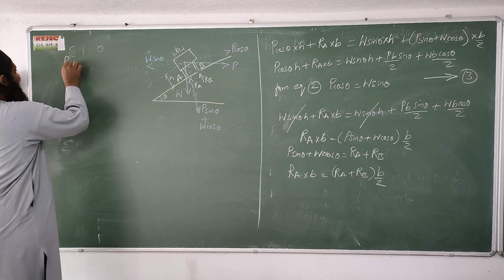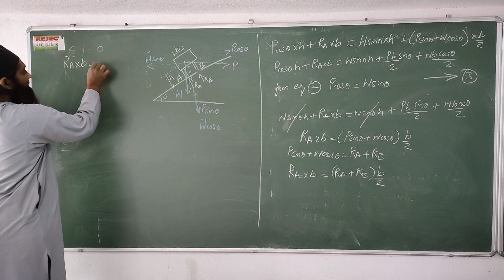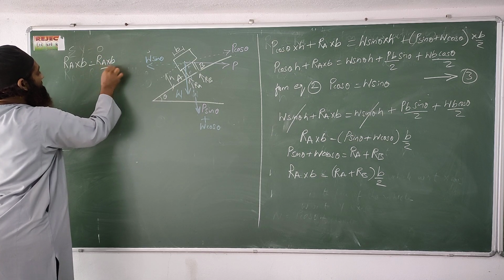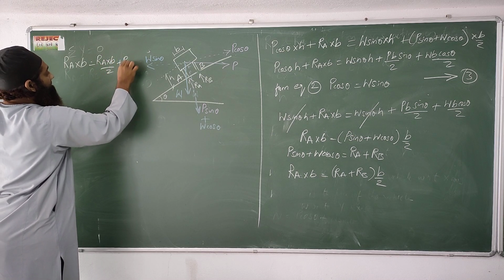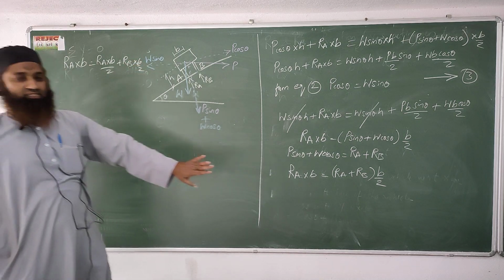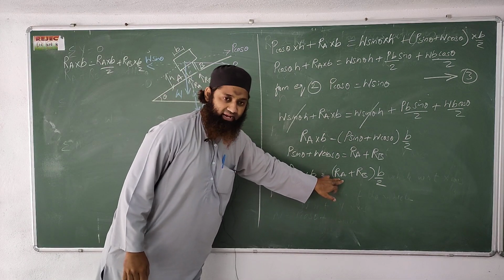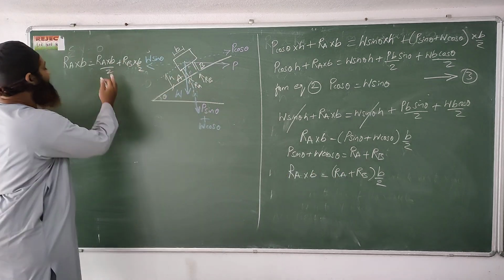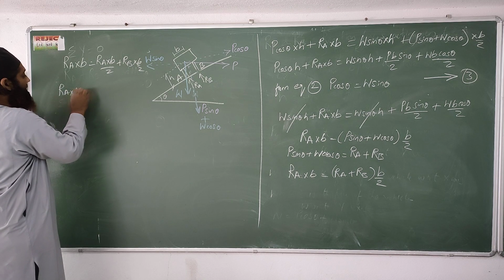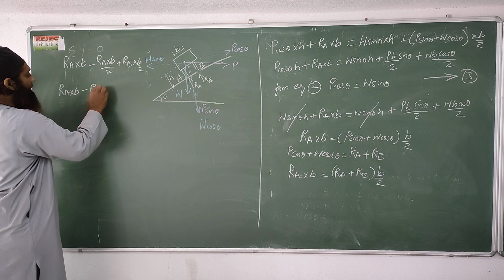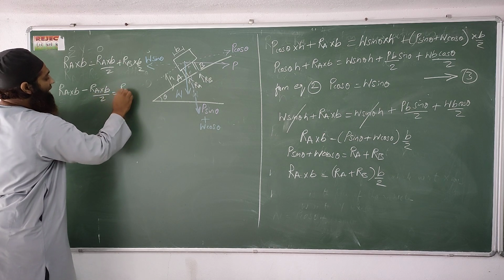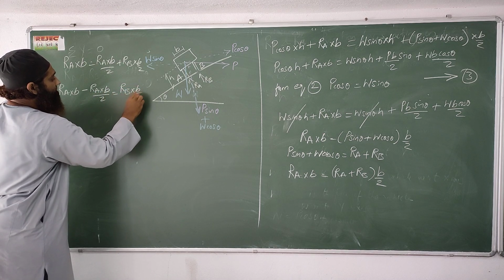So Ra into B is equal to Ra into B by 2 plus Rb into B by 2. Okay, I have just taken this B by 2 inside this bracket. Let us now take the Ra terms one side. Ra into B minus Ra into B by 2 is equal to Rb into B by 2.